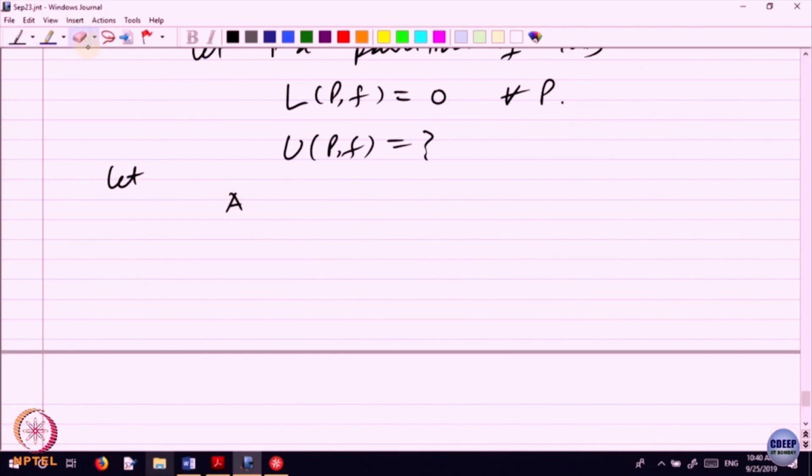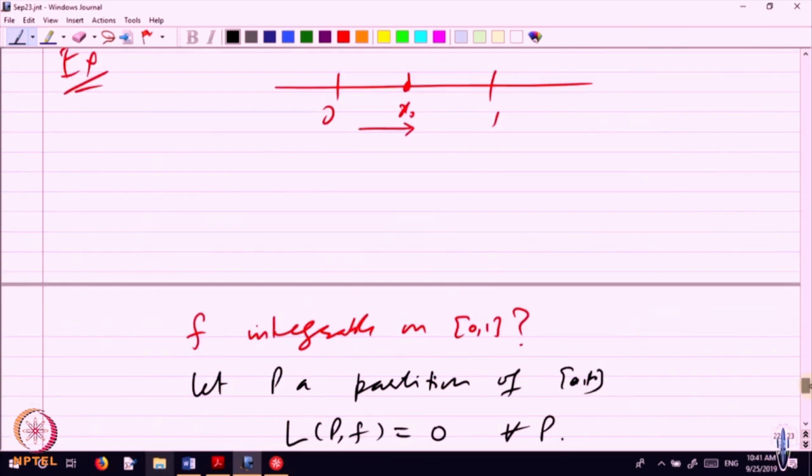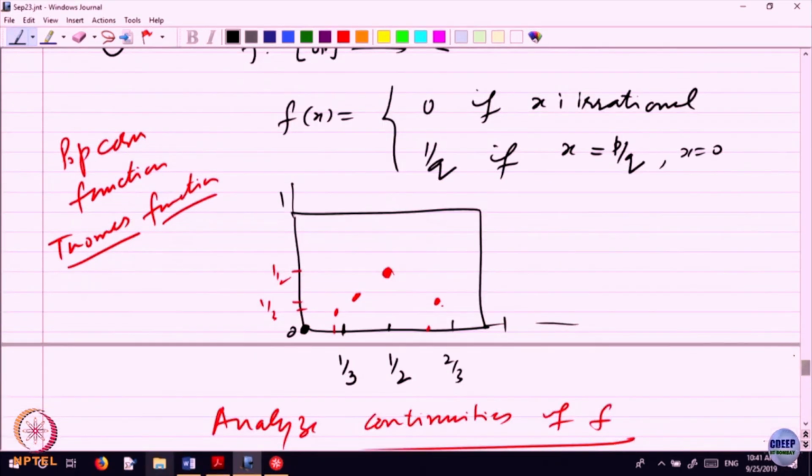So let us start with, let epsilon be given. I am looking at the values of the function. Here is my epsilon.